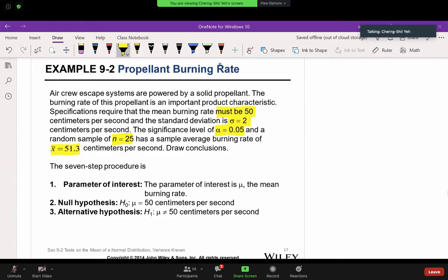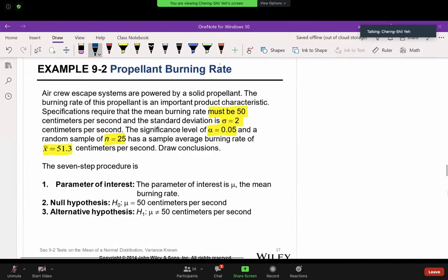So that's what we're going to do for the hypothesis testing. We're going to see if these 25 samples are coming from a population where the mean is exactly 50, which is what we want the product to be.